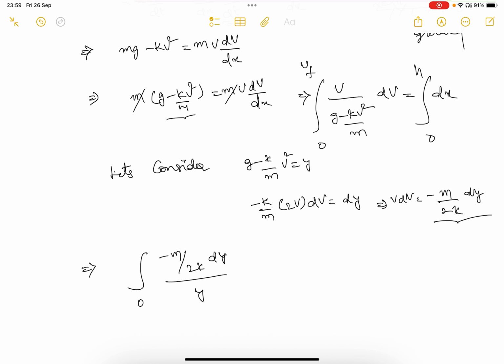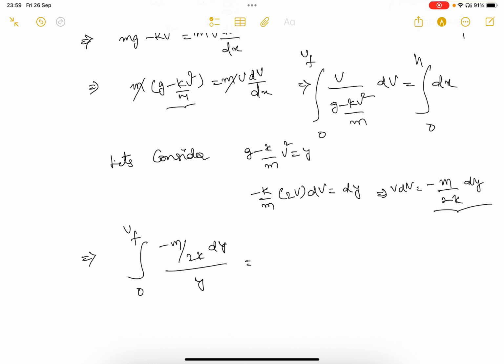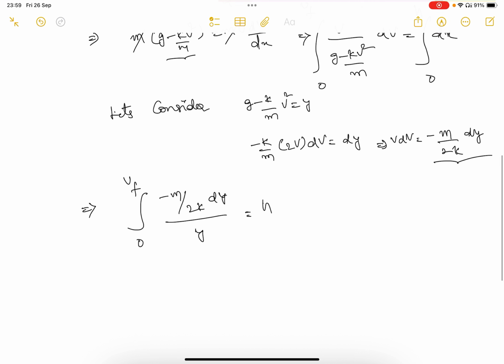Alright, here let's substitute the integral limits as they are. Then after integrating, we can substitute y in terms of v, and then apply the limits. The integral of dx is h minus 0, which will be h. Fine.